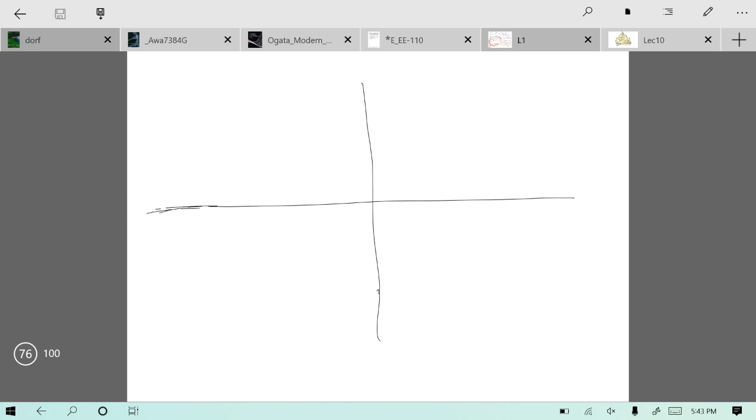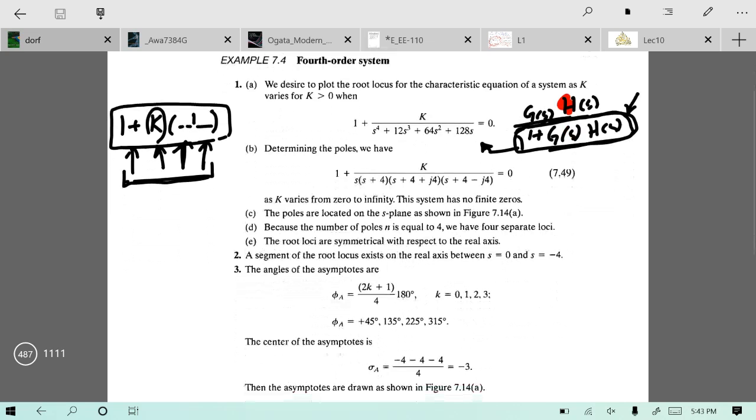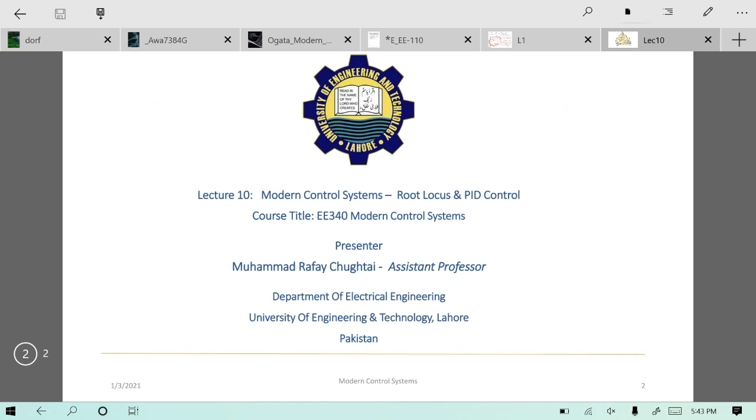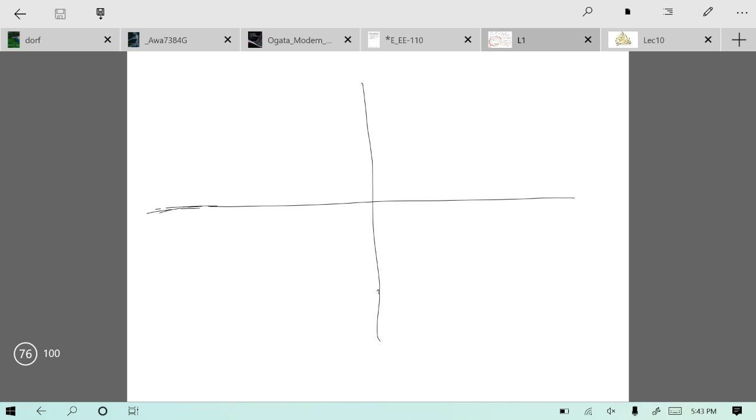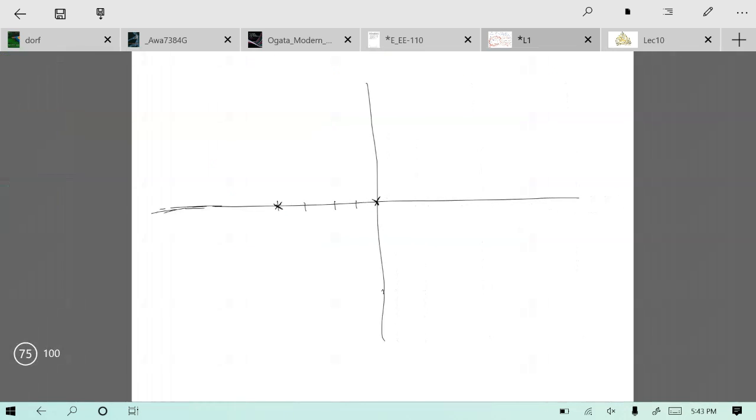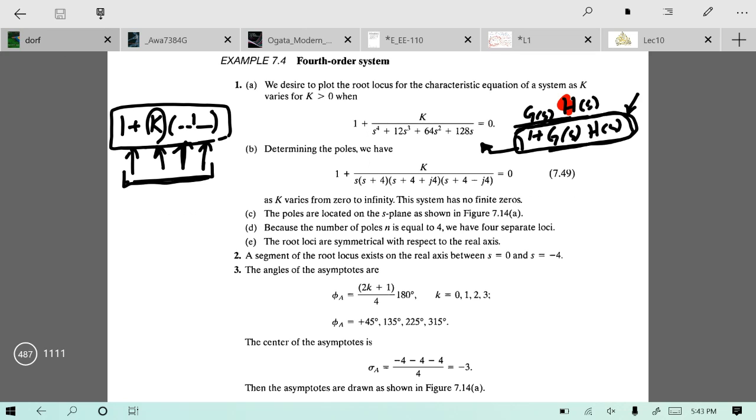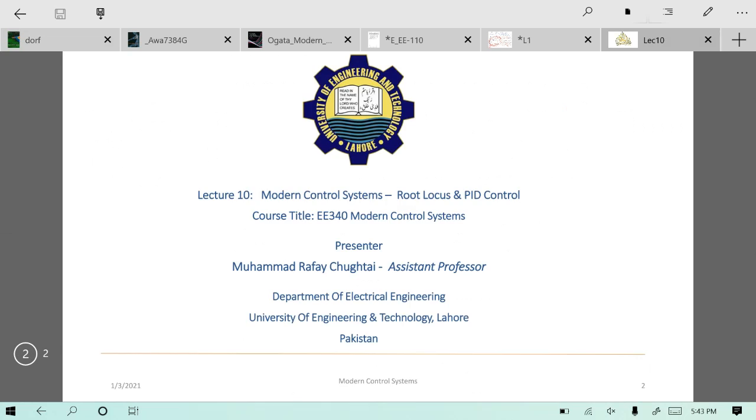So first of all, draw the poles. Where are the poles? One is at the origin, one is at s is equal to -4. So one pole at the origin, and one pole at s is equal to -4. Other poles at -4 minus 4j and -4 plus 4j.